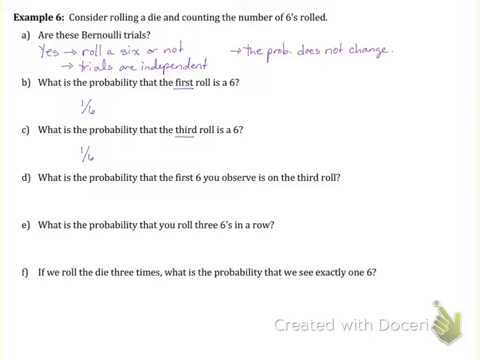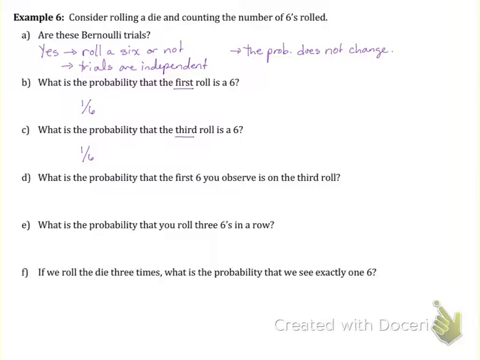Then it says, what is the probability that the first 6 you observe is on the third roll? So again, notice that we are talking about a position of seeing a 6. This means that we would not see a 6 on the first roll, we would not see a 6 on the second roll, but that we would see a 6 on the third roll.